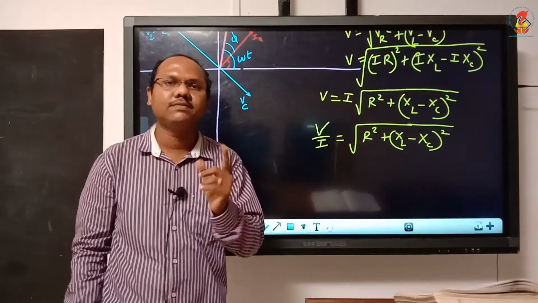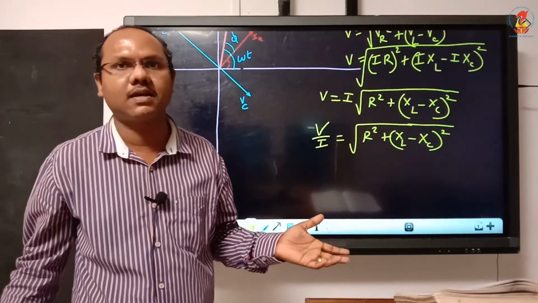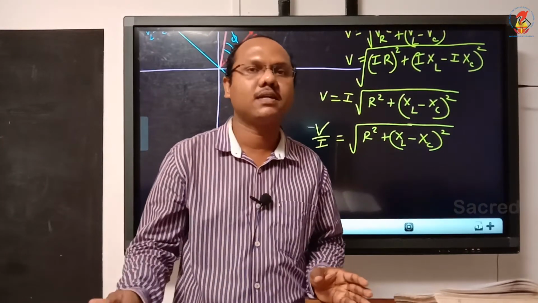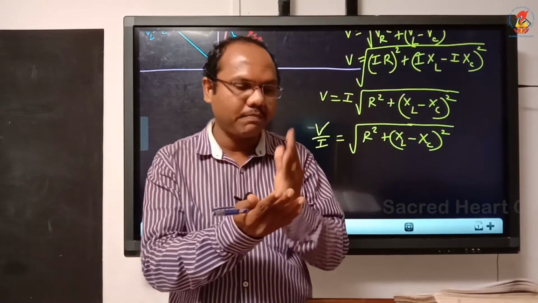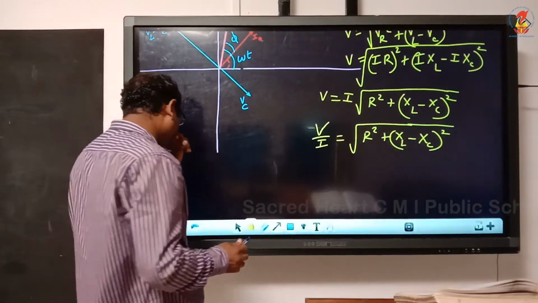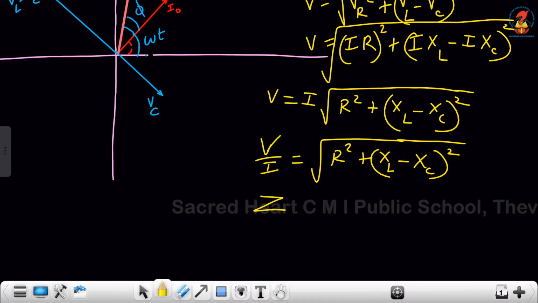Now, what is V by I? You will say R immediately. But here, it is not only R. There is inductor, there is capacitor, there is resistor. So V by I is a new factor which is called impedance.